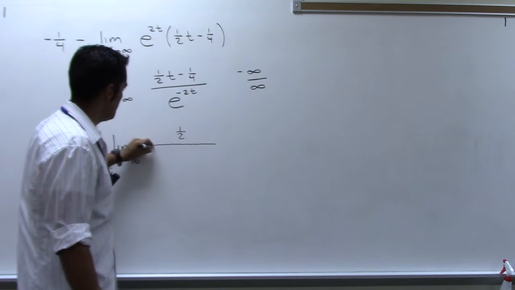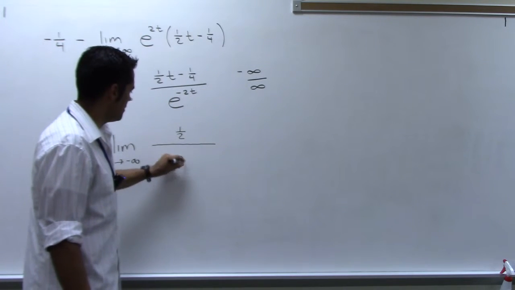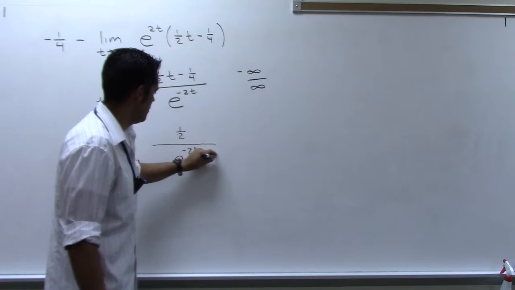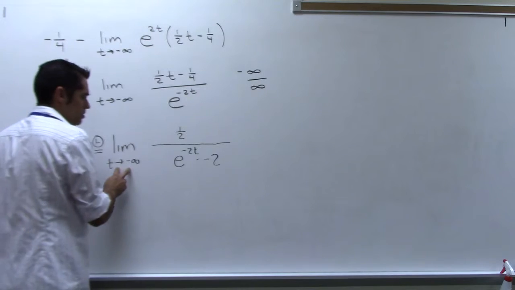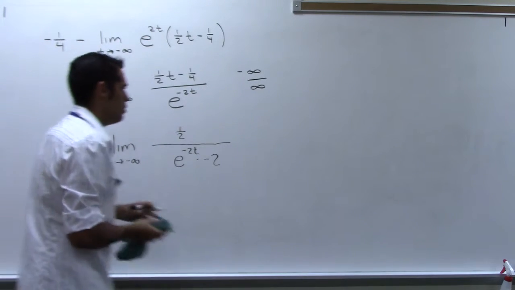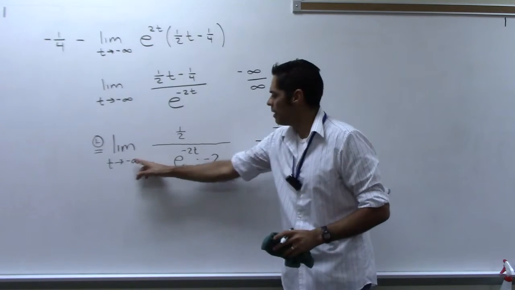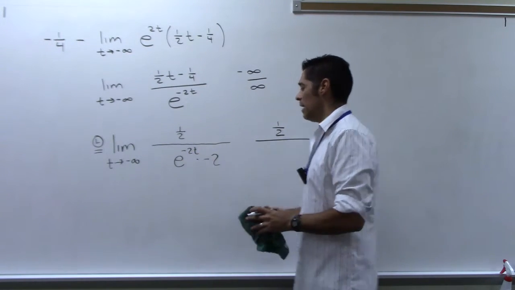And the derivative of the bottom is the derivative of this. The derivative of e to anything is itself times the derivative of what's up here, negative 2. And then what you do is you reapply the limit. So as t goes to negative infinity, nothing happens up here. We just get 1/2 on top. But the bottom, again, the negative and the negative together become a positive, and this is e to the positive infinity.